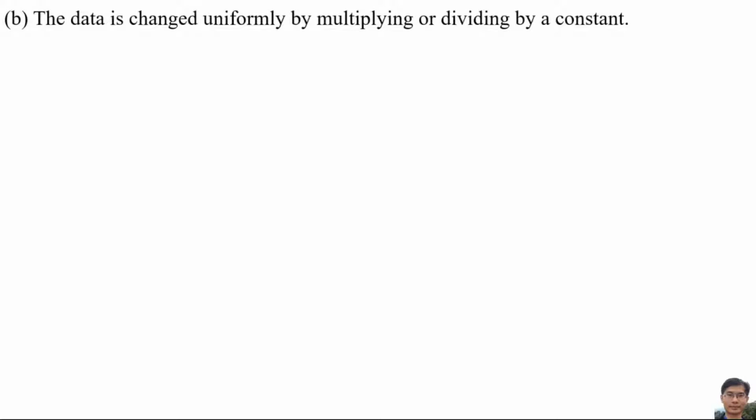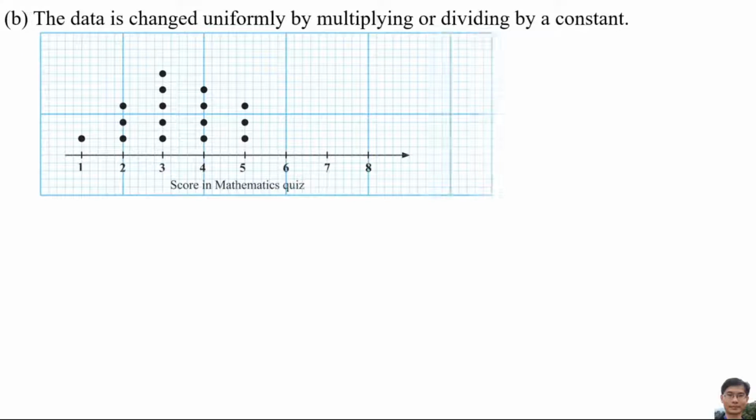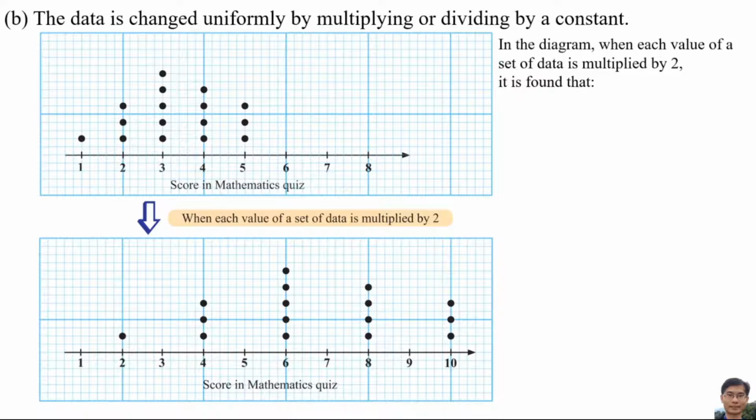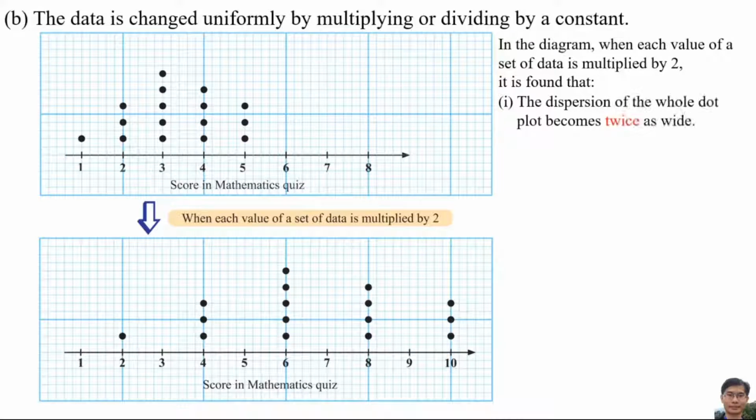B. The data is changed uniformly by multiplying or dividing by a constant. Let's say this dot plot, score in a mathematics quiz. When each value of the set of data is multiplied by 2, the dot plot becomes like this. In the diagram, when each value of a set of data is multiplied by 2, it is found that the dispersion of the whole dot plot becomes twice as wide.